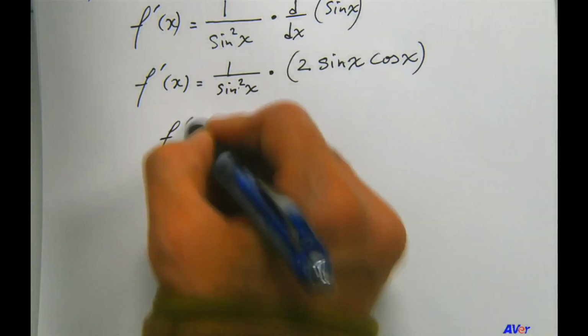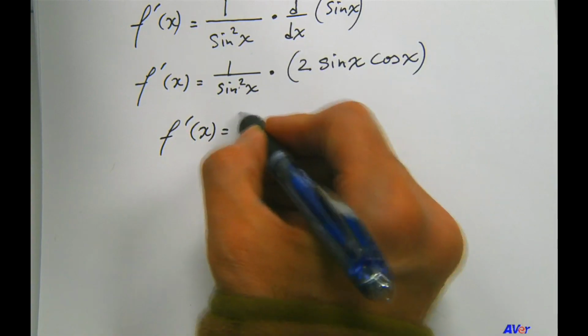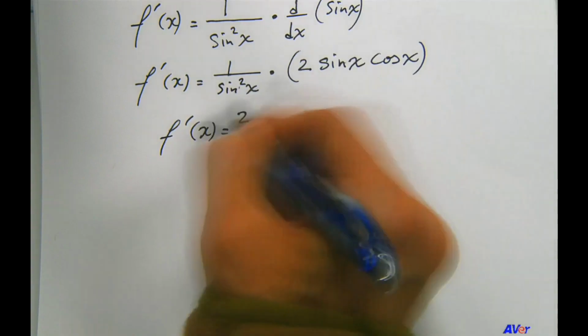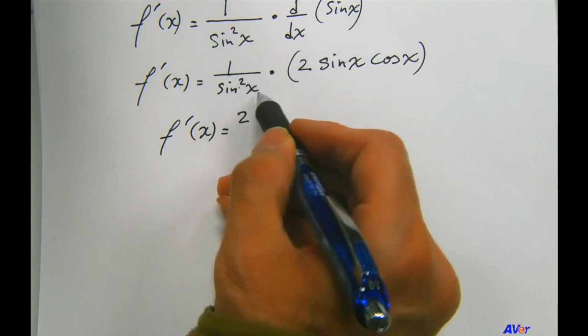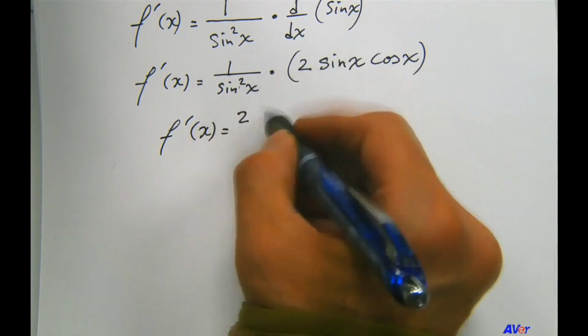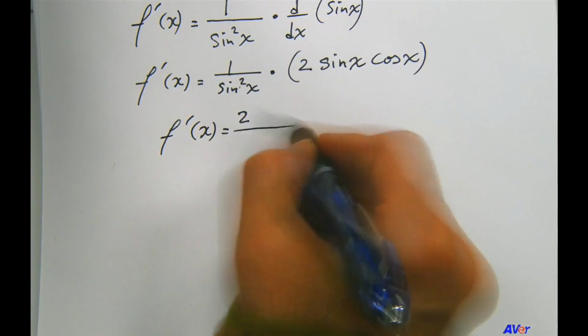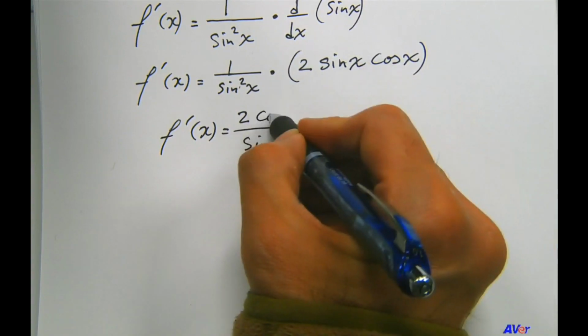So what do we end up with? We end up with 2. This sine of x cancels with 1 of this, because this is sine squared x, which means sine x times sine x, right? So 1 of that cancels with this. We end up with just 1 sine of x in the denominator and cosine of x, of course.